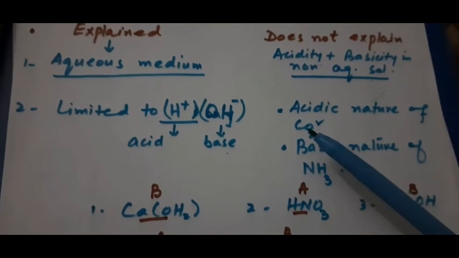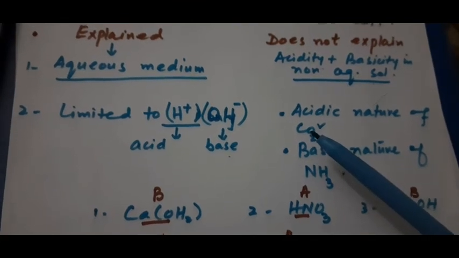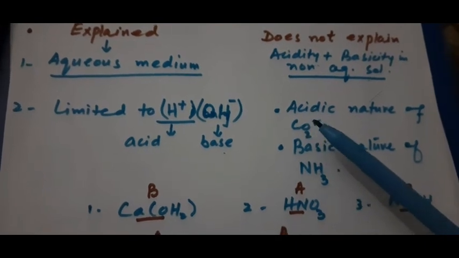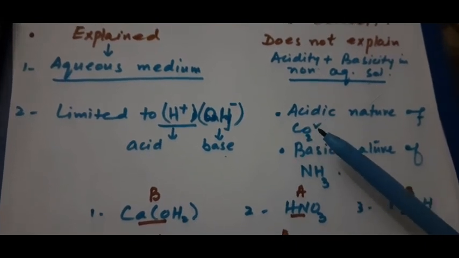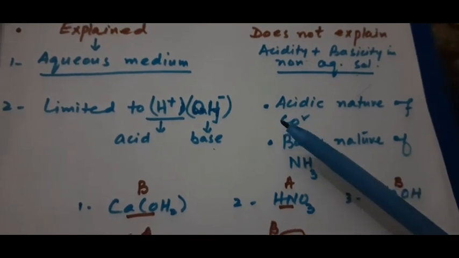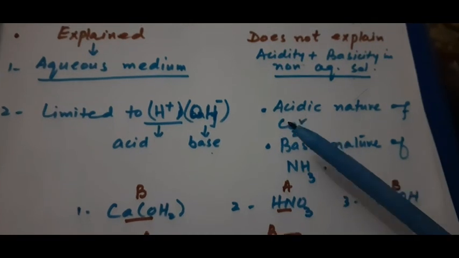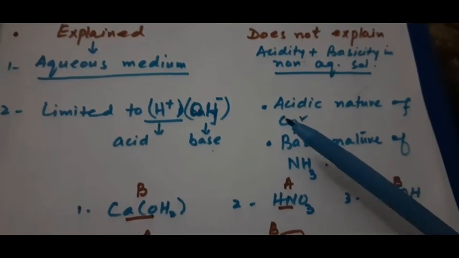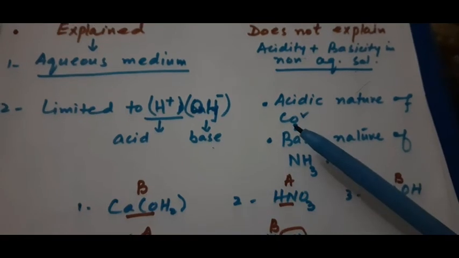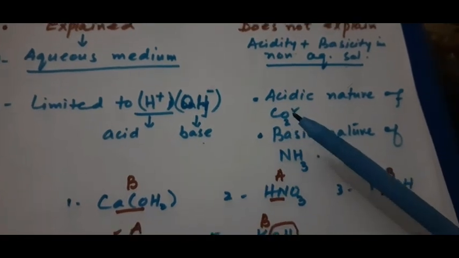Carbon dioxide forms carbonic acid when it reacts with water. When it dissociates, it will not give you hydrogen ion by itself, so how can we say it is acidic in nature? This is an exceptional case which was not discussed by Arrhenius. Although carbon dioxide is acidic in nature, he didn't explain it.